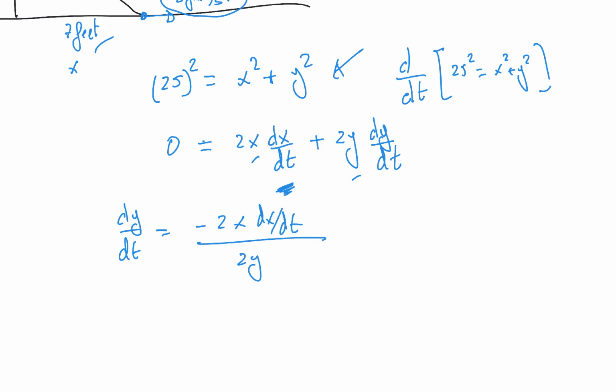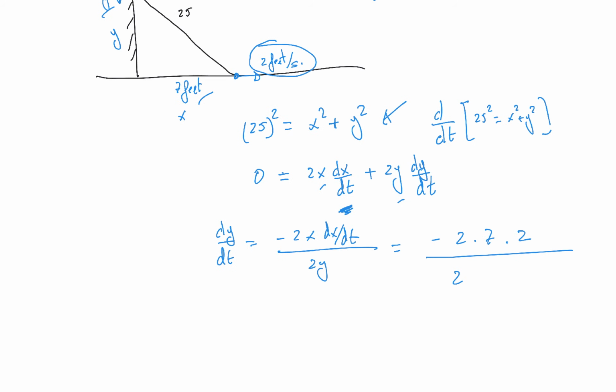Now let's plug in numbers. Minus 2, x is 7, the derivative of x with respect to t is 2, divided by 2 times y. But what is y?